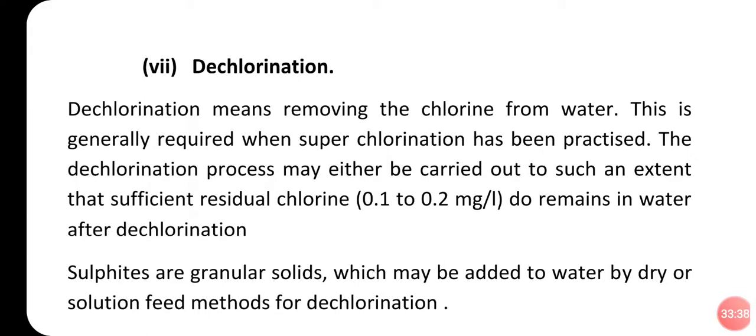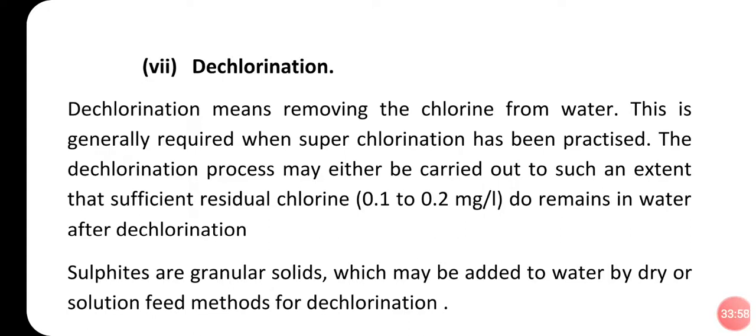Sometimes by the process excess chlorine is added to the water, which is not good for our health. So chlorine must be limited in the water. I have told you already that the chlorine dose must be such that the residual chlorine is 0.2 milligram per liter.